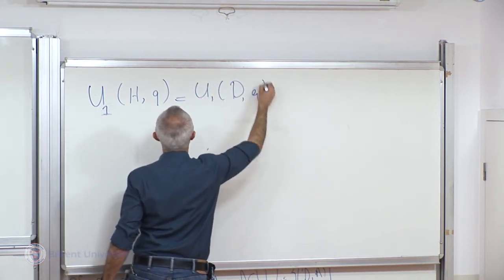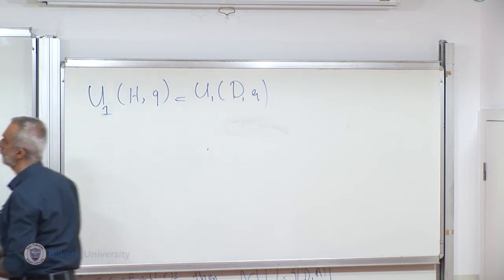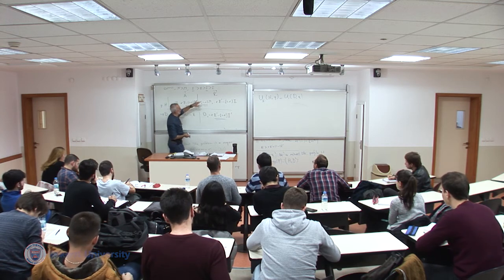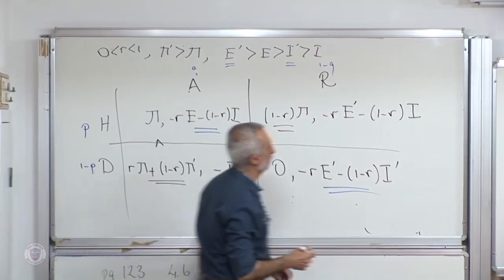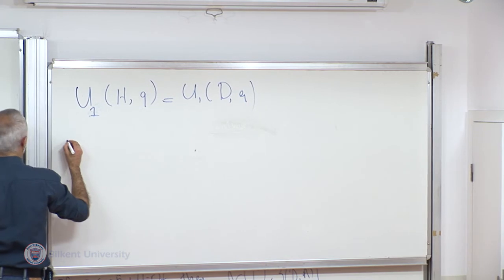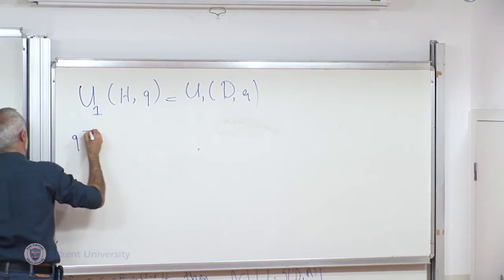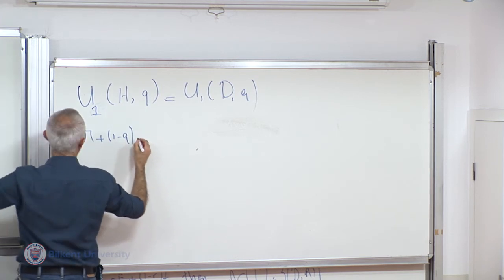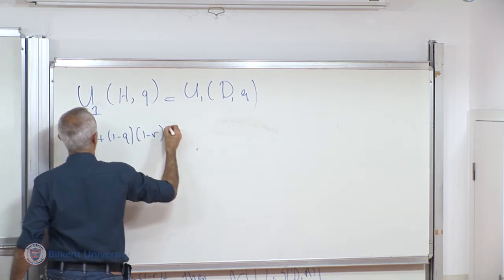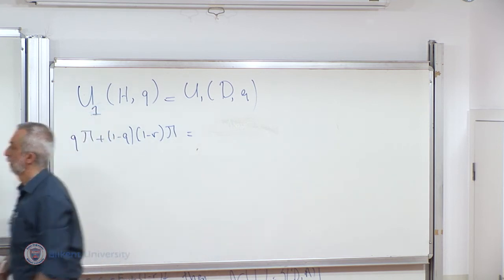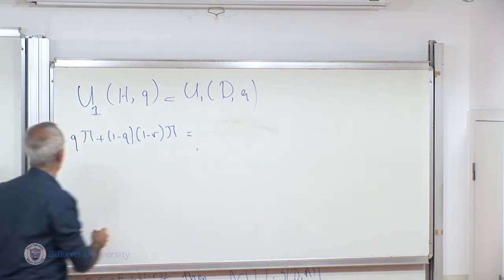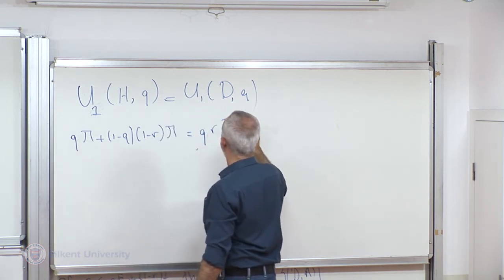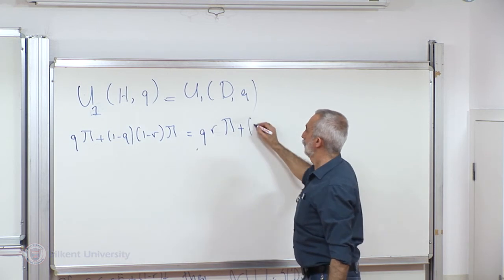But U1 of H is equal to q times pi plus 1 minus q times 1 minus r pi.